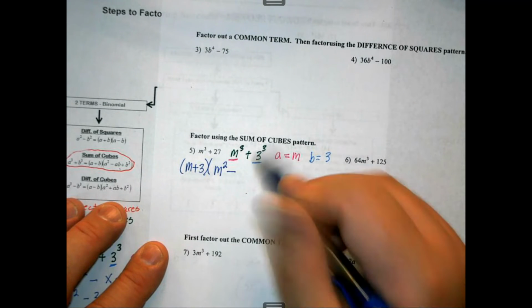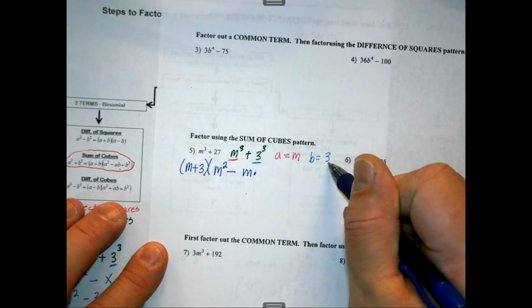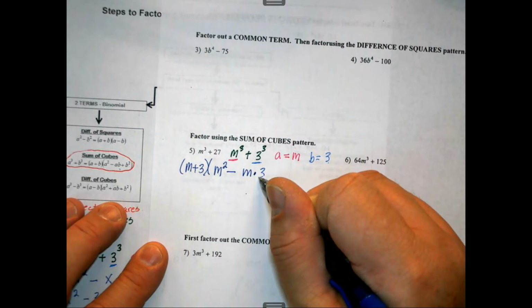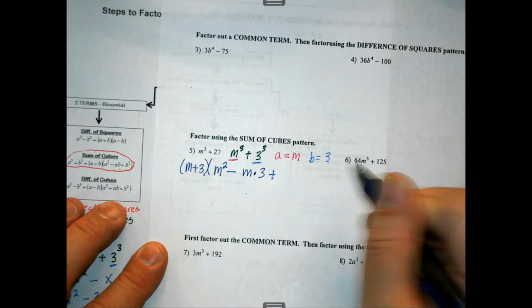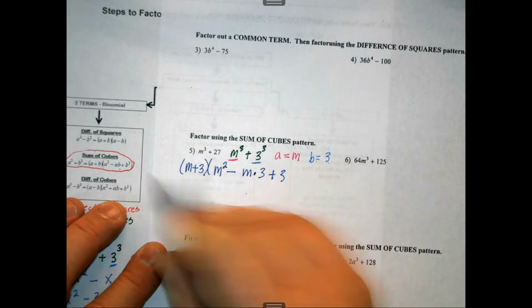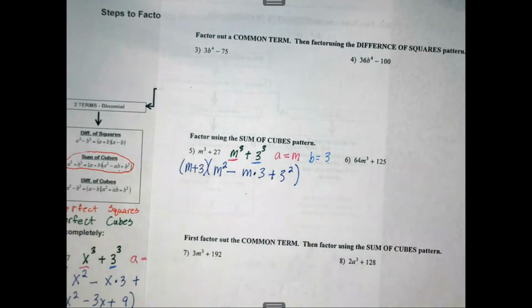Here's my a times my b, which is 3, plus b, which is 3 squared. In fact, it's exactly the same problem, right?